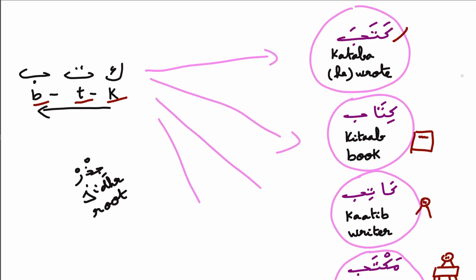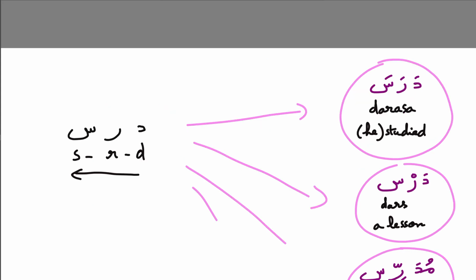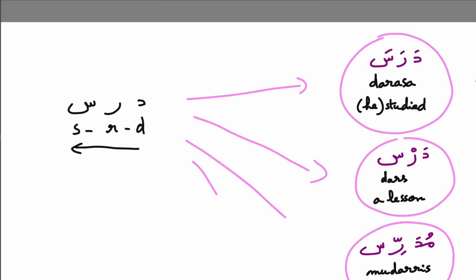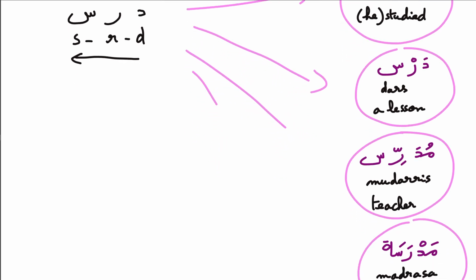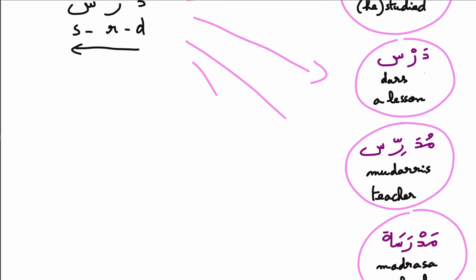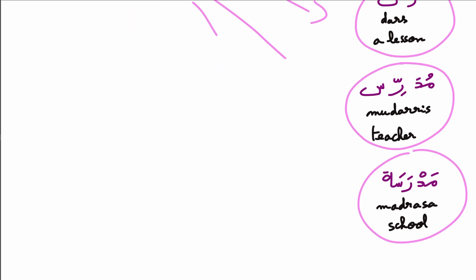So as another example, we have darasa, and together it's darasa, which means he studied. For the feminine, it's daraset. Then we have dars, which means a lesson. Then we have mudarris, which is a teacher.